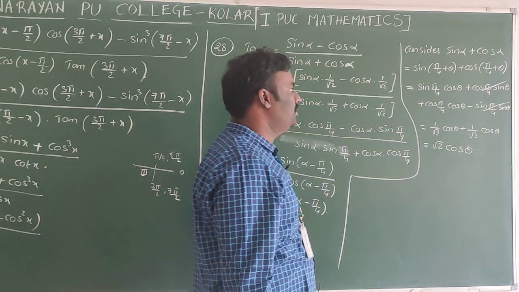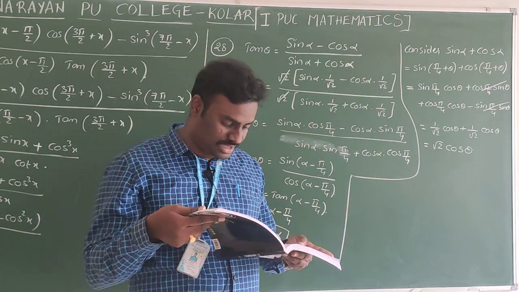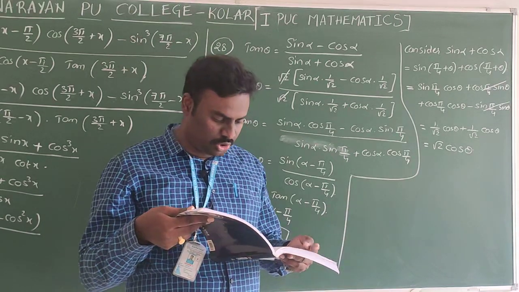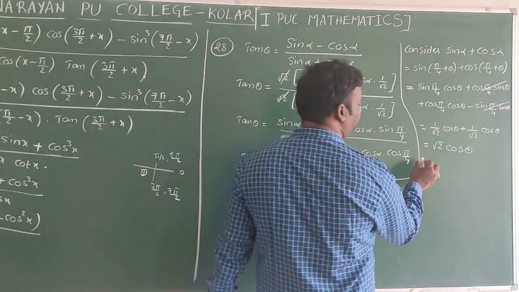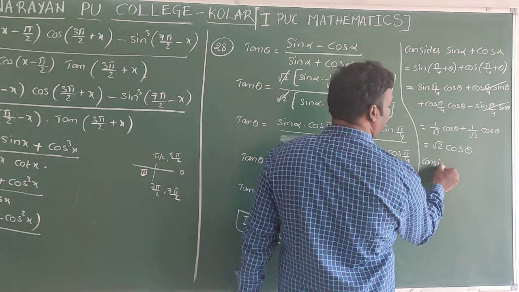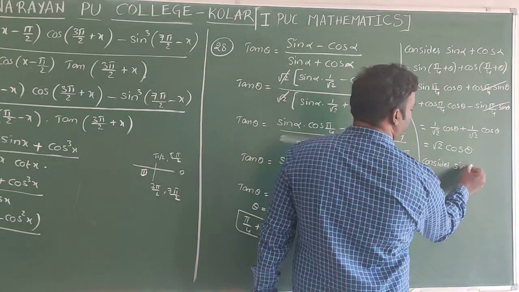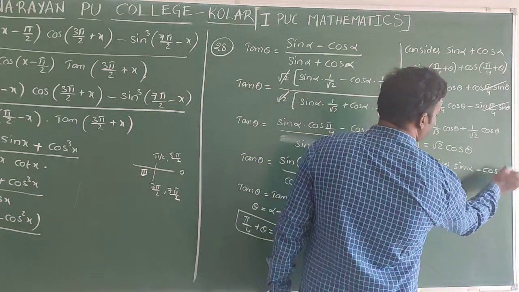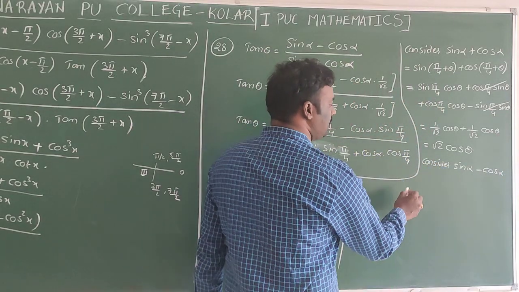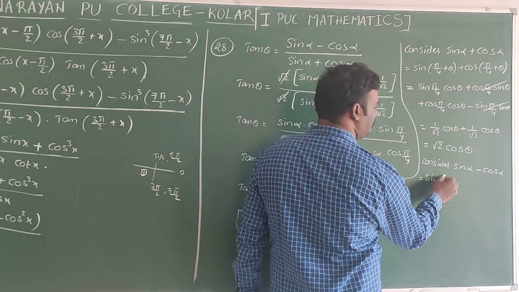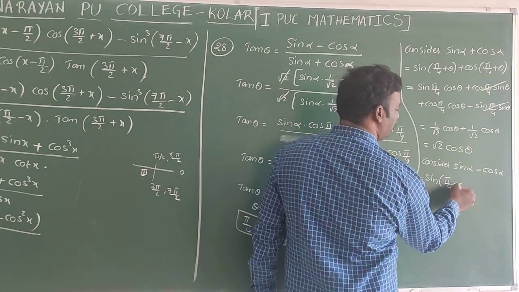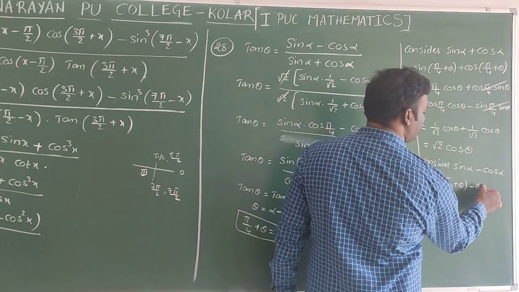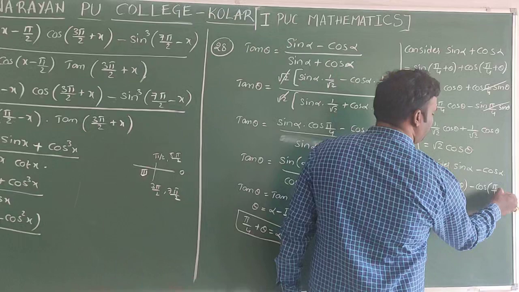So the first value is root 2 cos theta. For root 2 cos theta, how many options given? 2 options given. Then you need to find sin alpha minus cos alpha. That is nothing but sin of pi by 4 plus theta minus cos of pi by 4 plus theta.